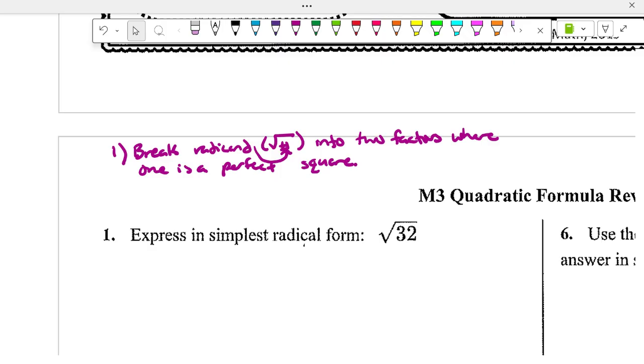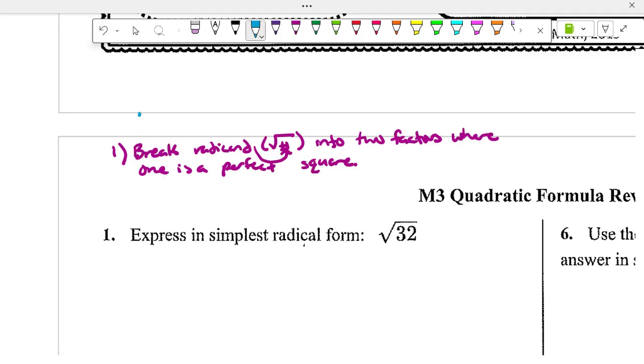So a perfect square means that you can, what does a square? Square root. So a perfect square is a number that gives a perfect square root evenly. So just so you're aware, those numbers are, and I would write these down.